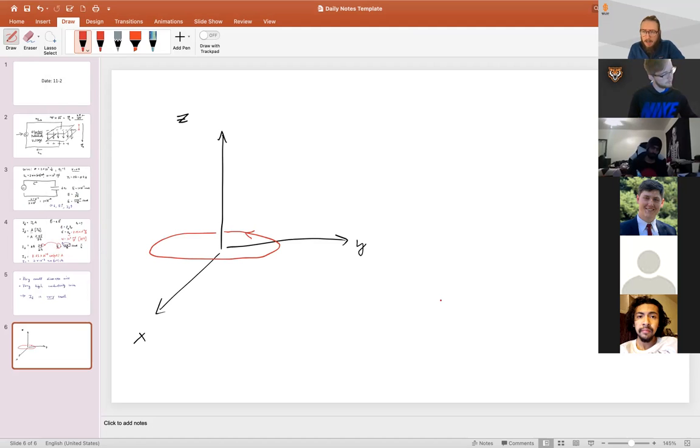But what about the magnetic field of this ring? Let's find it for some point on the z-axis. So what way would you solve this? First of all, how'd you find the magnetic field?